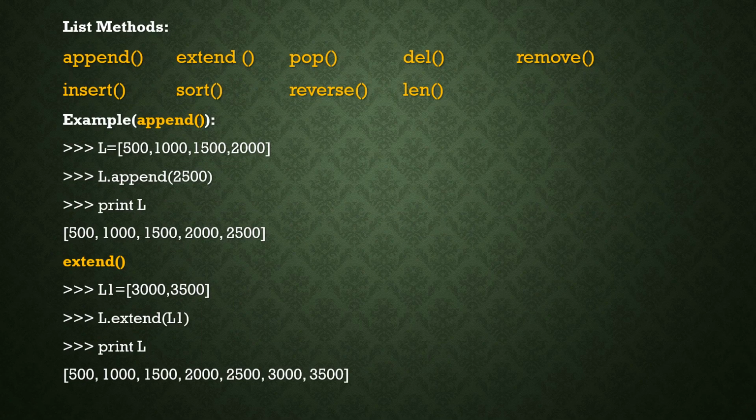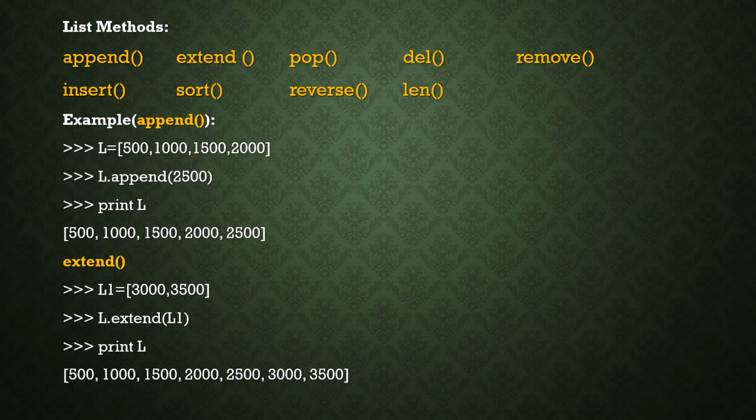Next, move on to the next slide. Here it indicates list methods. There are many methods: append, extend, pop, delete, remove, insert, sort, reverse, len. Len means length. Here is an example of append. L equal to 500, 1000, 1500, 2000.